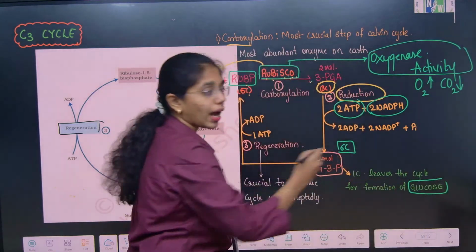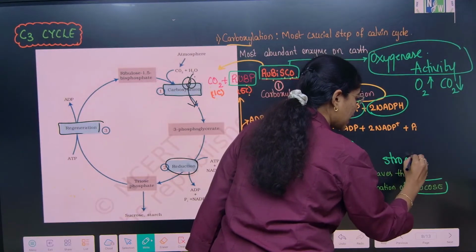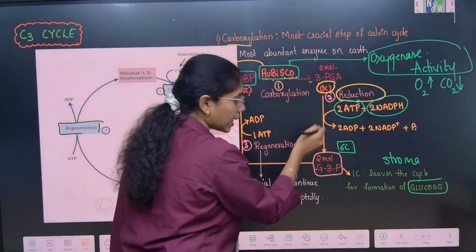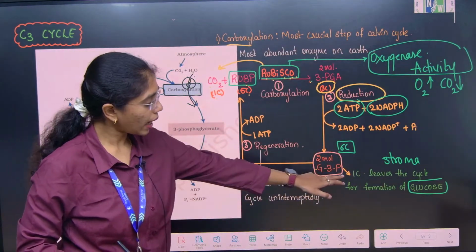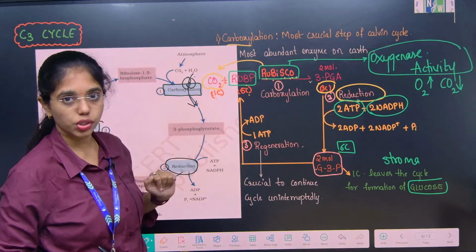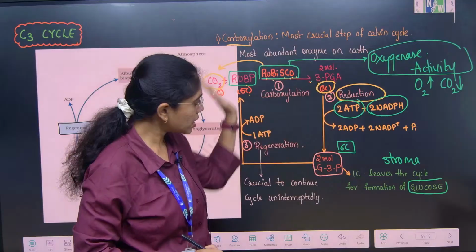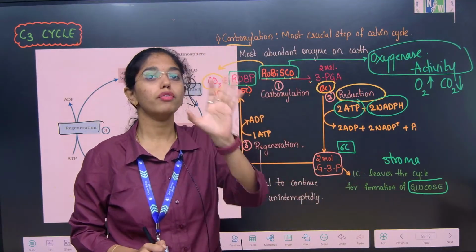Ma'am, where is this 1 carbon going? It leaves into the stroma itself, it is leaving this cycle and moving to the stroma. So, this 1 carbon is moving away when 1 carbon dioxide is fixed. Likewise, in every cycle, 1 carbon dioxide is moving into the stroma for the formation of glucose.